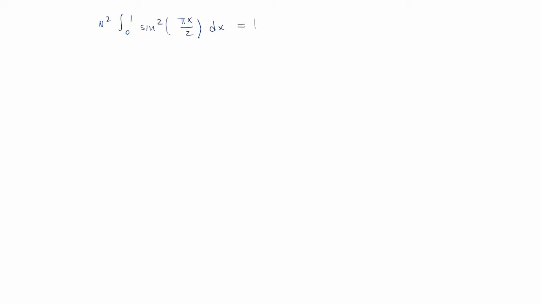So I'm actually going to use a trig identity here. Sine squared of x is equal to 1 minus cosine of 2x all over 2, which is equal to 1/2 minus 1/2 cosine of 2x.